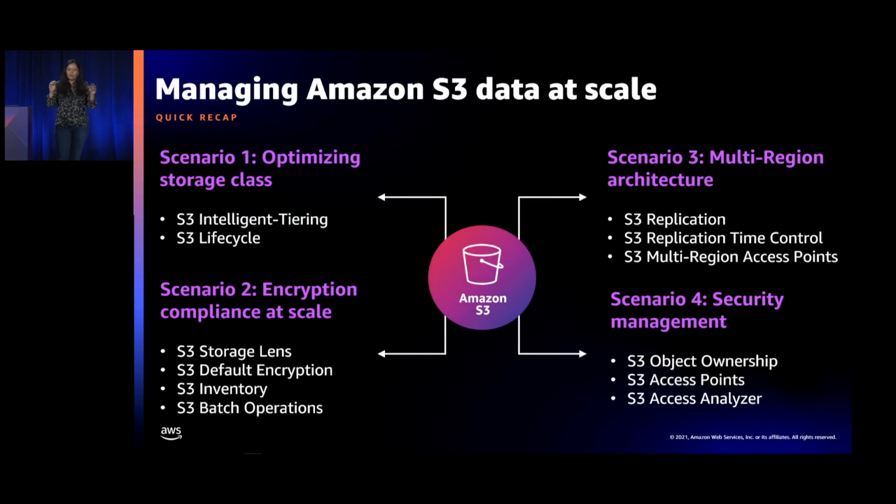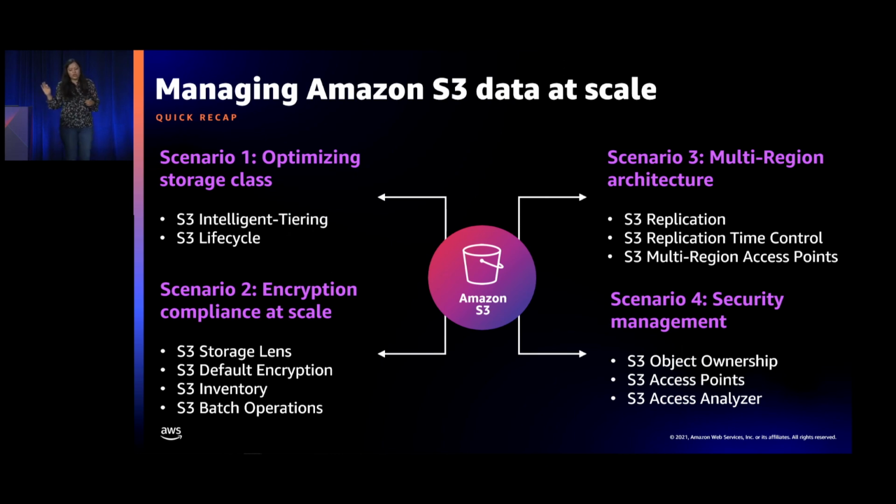To wrap up, we looked at 4 cases today. We learned how you can use S3 Intelligent-Tiering and Lifecycle to optimize storage costs for your data based on your access patterns. For the case of encryption management at scale, we learned how you can use Storage Lens to gain visibility into your encryption metrics, default encryption to mandate encryption for your buckets, and then a combination of inventory and batch operations to create encrypted copies of your data that was not encrypted before.